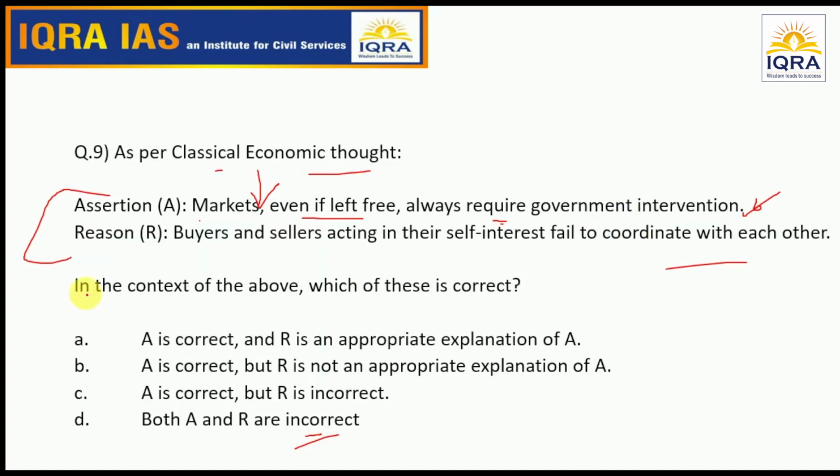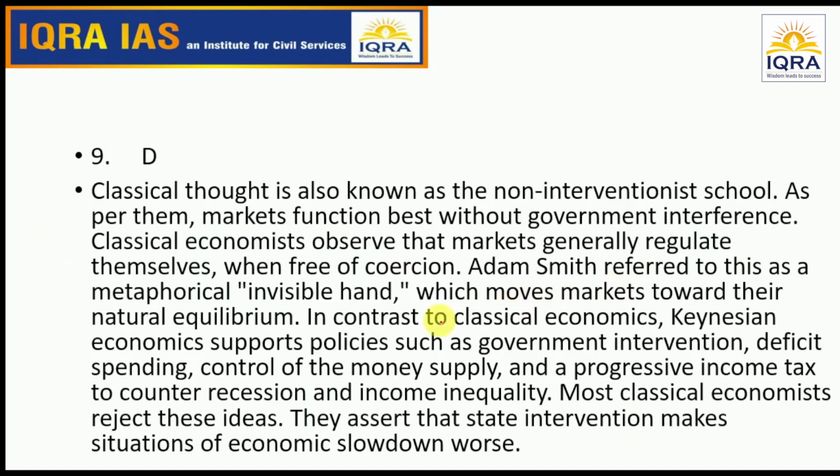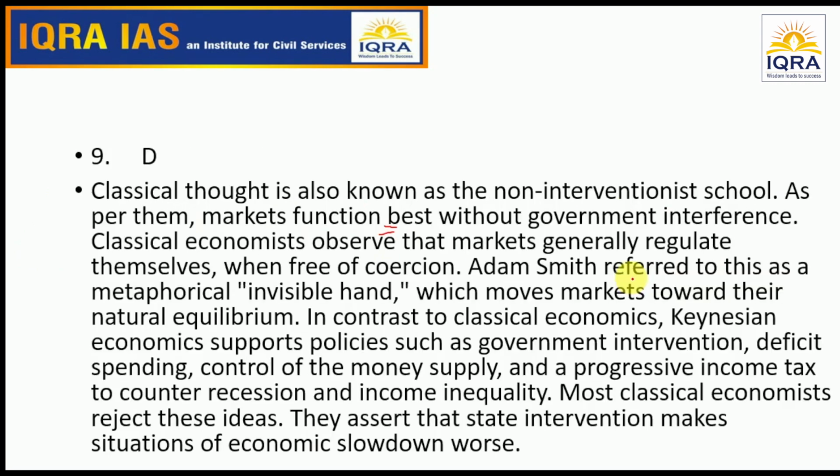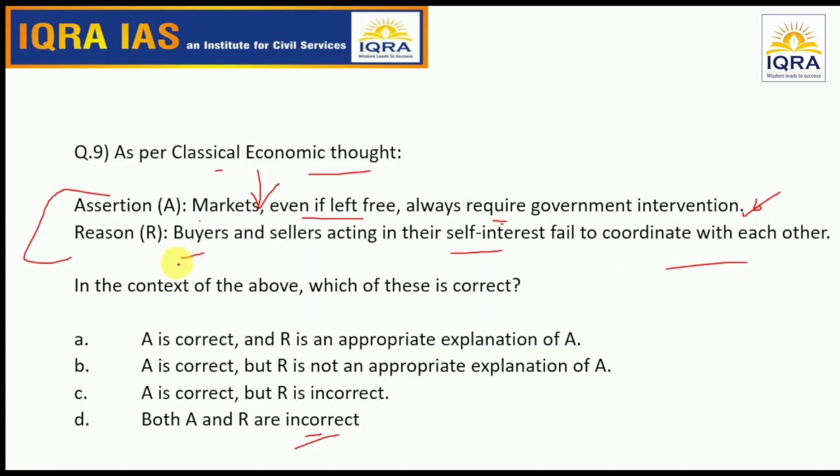Second part, buyers and sellers acting in their self-interest fail to coordinate with each other. The classical economists have always rejected such an idea, as the market functions best without government interference. And here the market is actually in equilibrium because of the equilibrium of demand and supply. Obviously demand and supply here refer to buyers and sellers. So this is also incorrect.